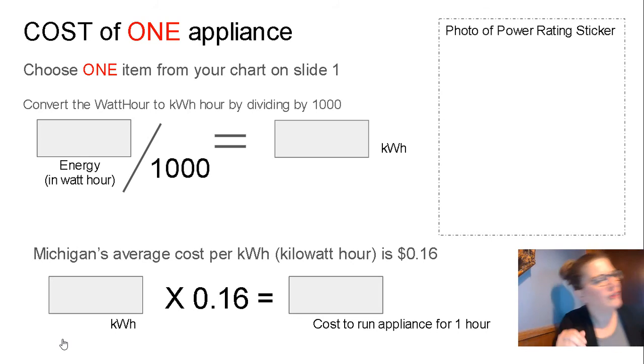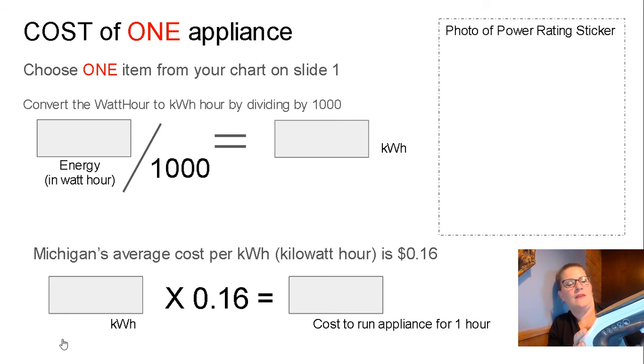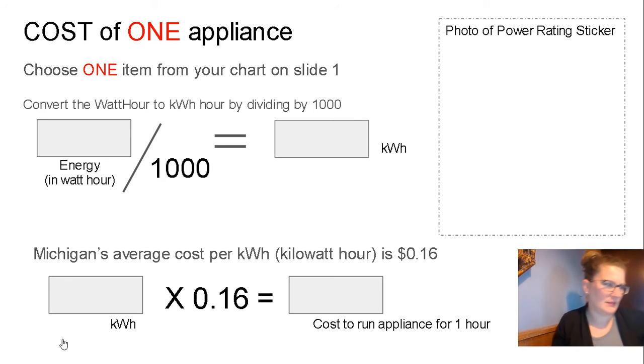For this iron, it is 1,200 watts, and the kilowatts would be 1.2. Then Michigan's average cost per kilowatt hour is 16 cents. So you're going to multiply those two, and that will show you how much money it would take to run an appliance for an hour.